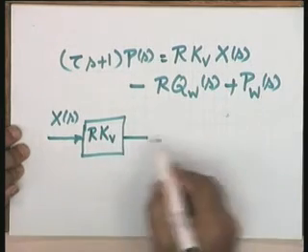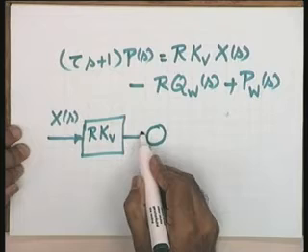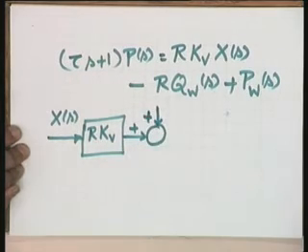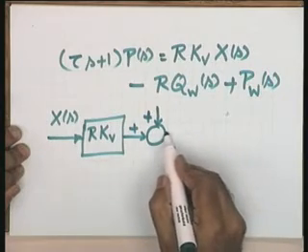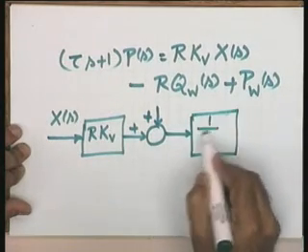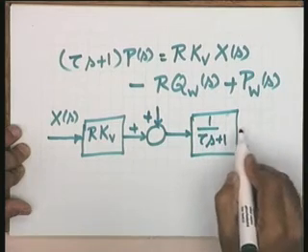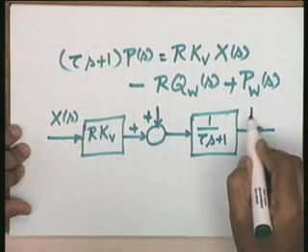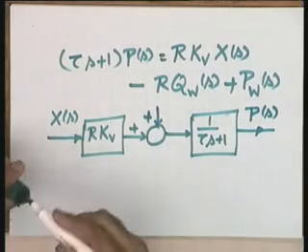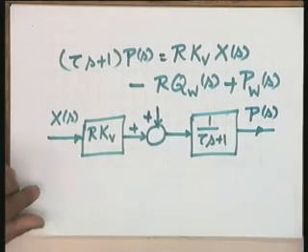Okay, I am just writing this mathematical equation this way. This is plus and this is a disturbance acting on the system. All others are disturbances acting on the system. In this block I have 1 over tau s plus 1, and here I have ps, the output variable.